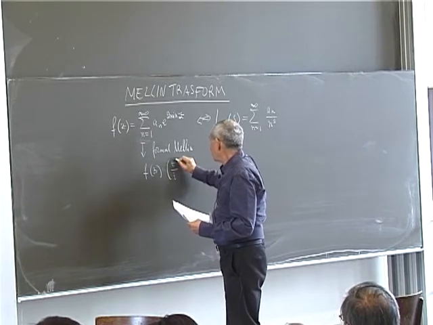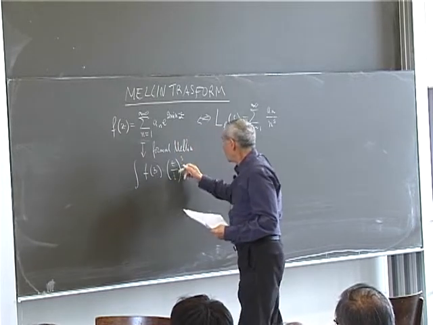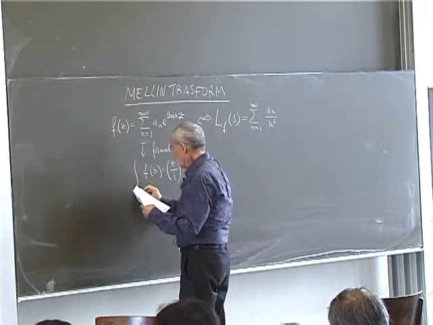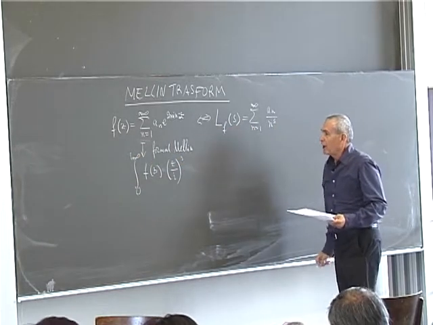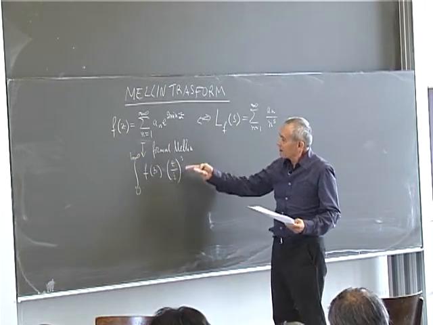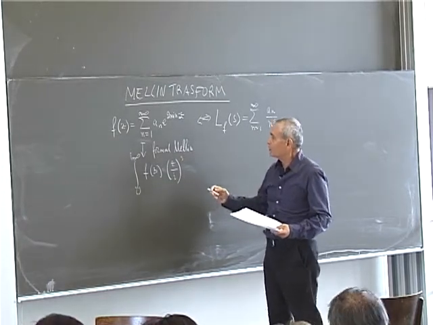I multiply it by a complex power of z, but my z will be running over the imaginary half plane. So to make sense out of a complex power of a complex number, I must tell which branch I take.